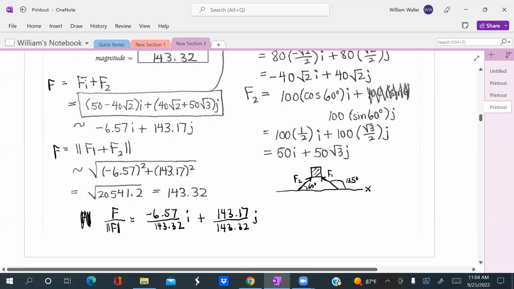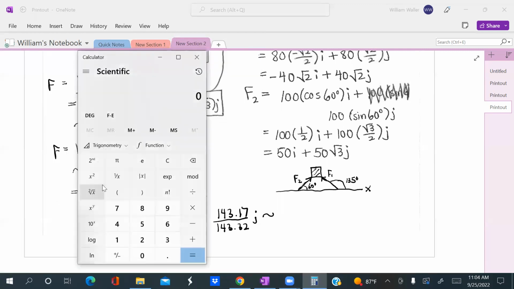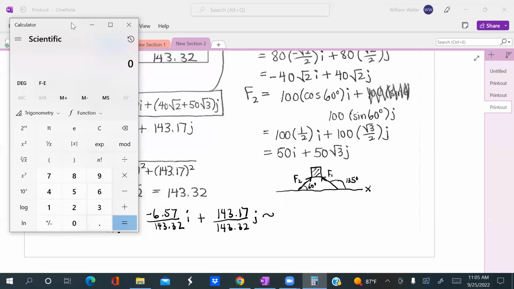And now, if you use your calculator, of course, you can get decimal approximations for these two coefficients. See what those are. So let's take the calculator here and do these calculations.